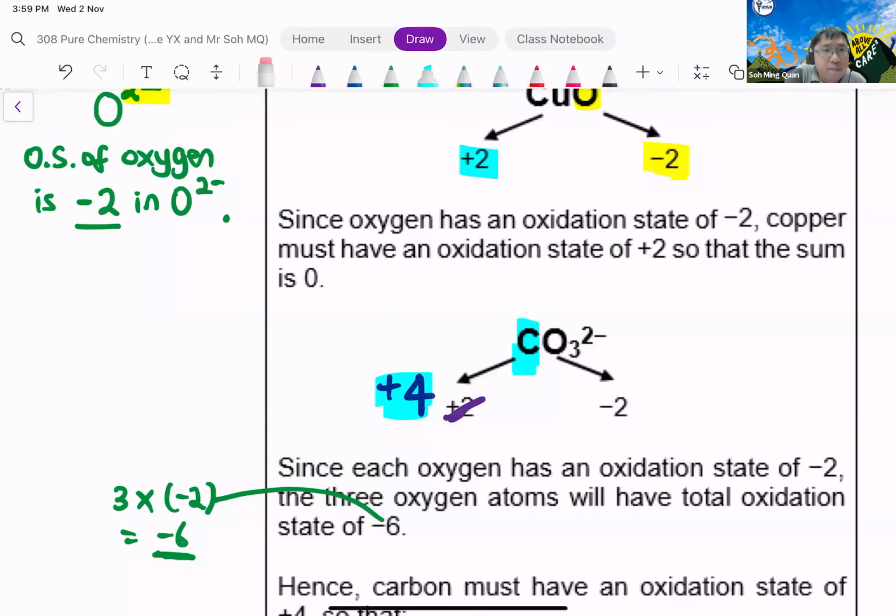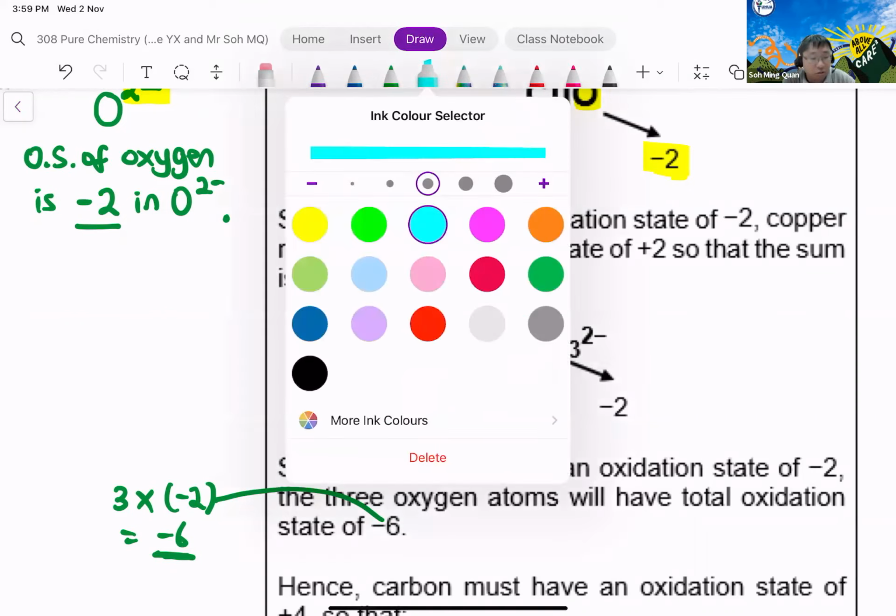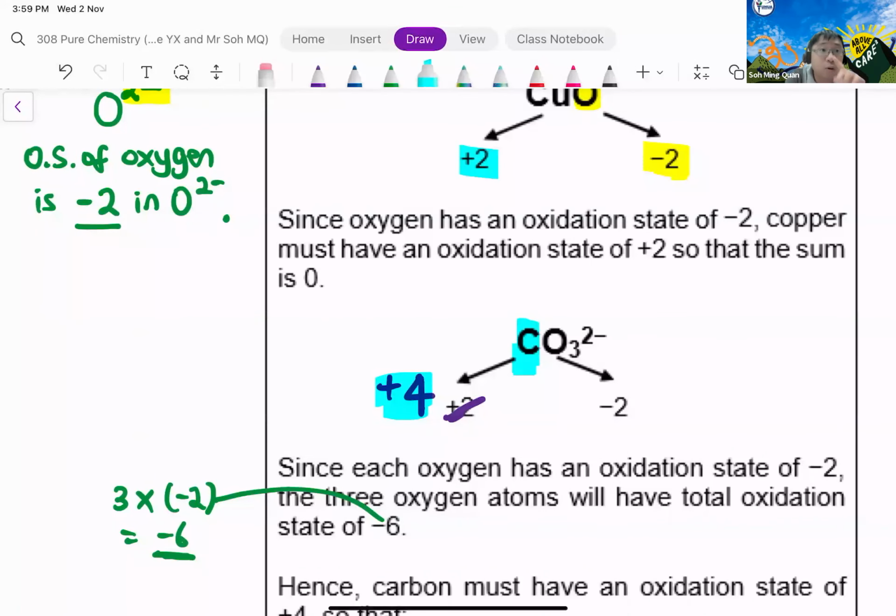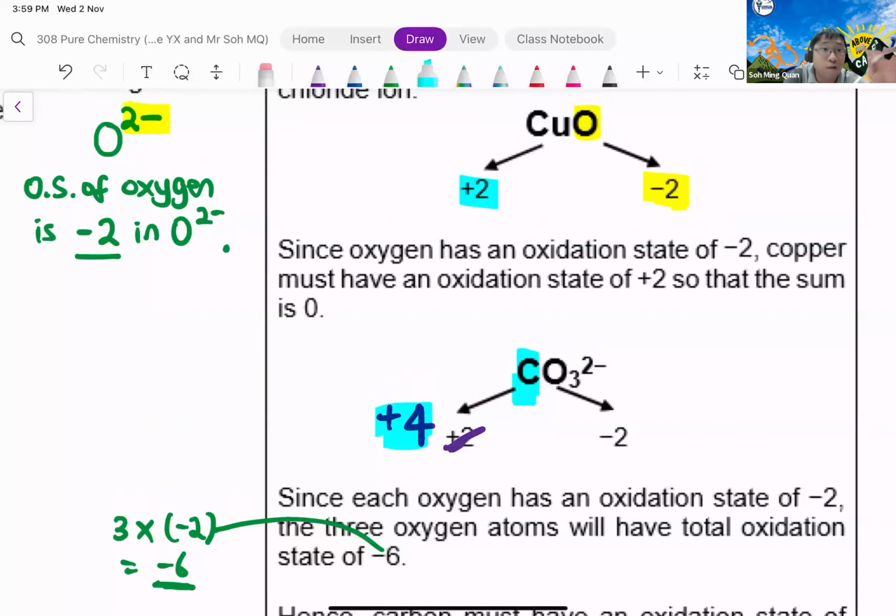Now, how did I get +4 for carbon? Well, you got to think. 3 oxygens is -6. Carbon must be what? Is it +6? Most students think, oh, must balance out, right? So it must be +6, but that's wrong. Because you need to look, does this carbonate have an overall charge? Just now, CuO had no overall charge, right? But carbonate is an ion with a charge of -2.